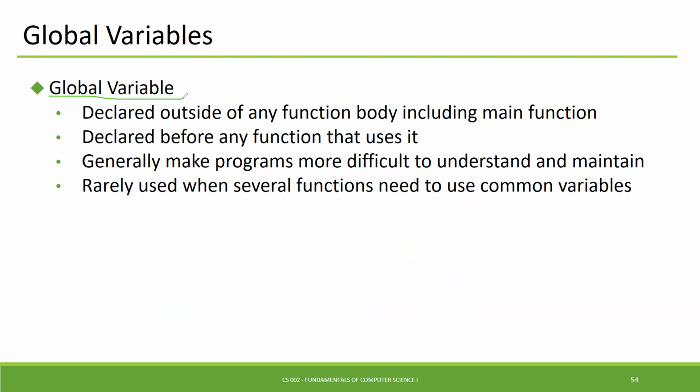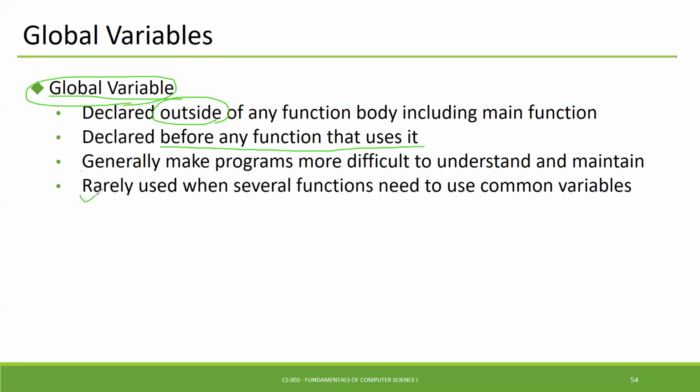Global variables are declared outside of any function body, including main. And we declare them before any function that uses them. If you use a global variable, then most of the time it is easy to use, easy to code. However, generally we don't use many global variables because it is hard to follow your code.